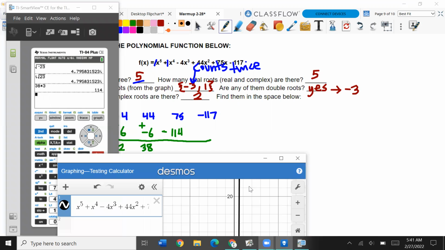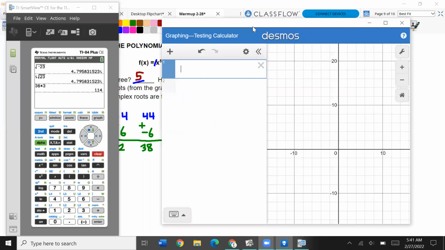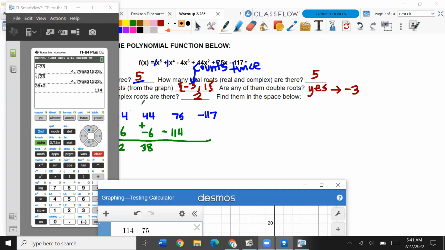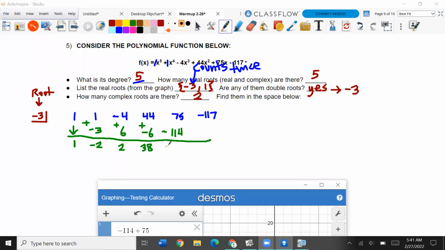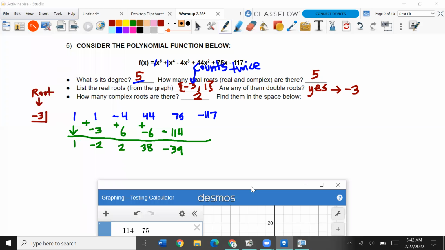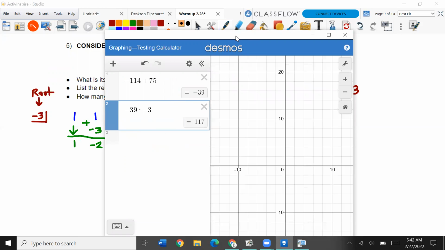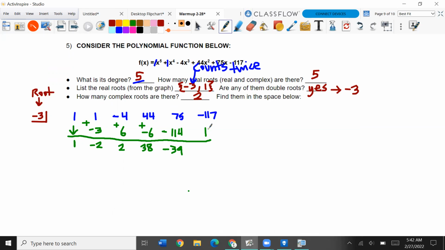The calculator on the computer isn't as user-friendly, so anyway, that's -39. And then -39 times 3 is times -3. 117. And of course, we want that to be 117. We want that to be a root. So those are going to cancel out and give you 0.